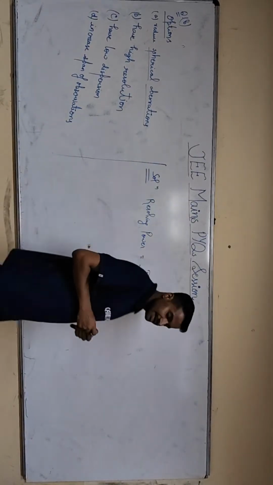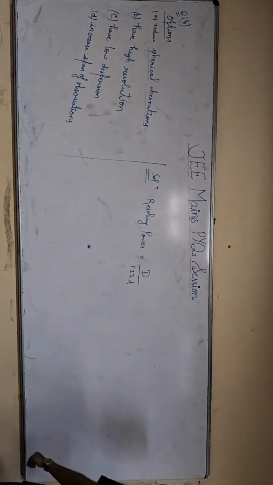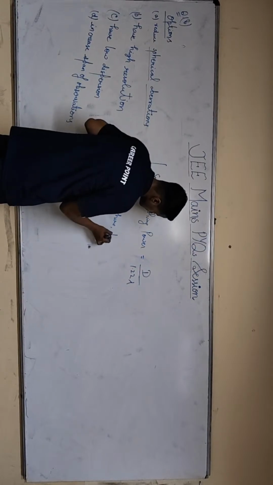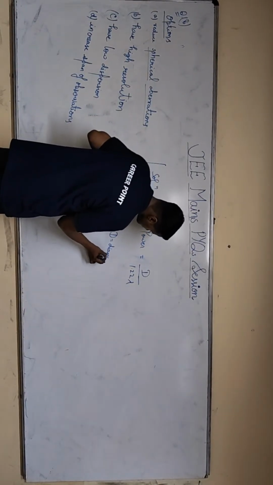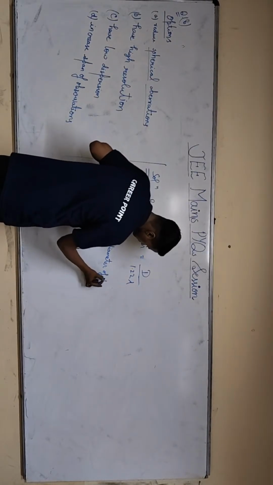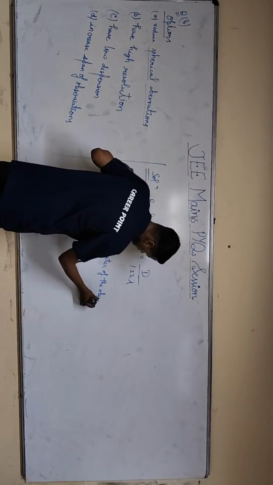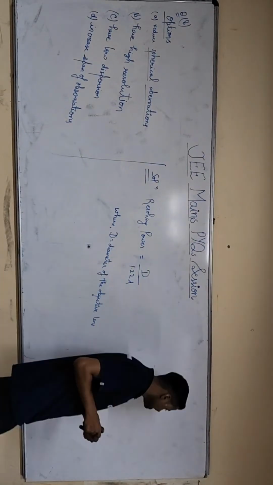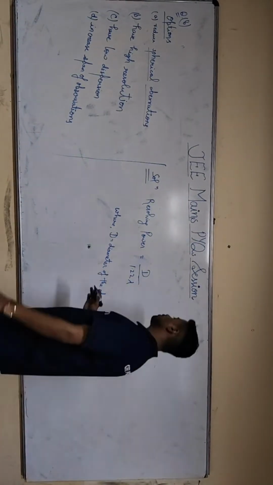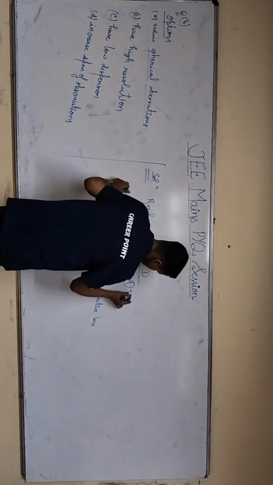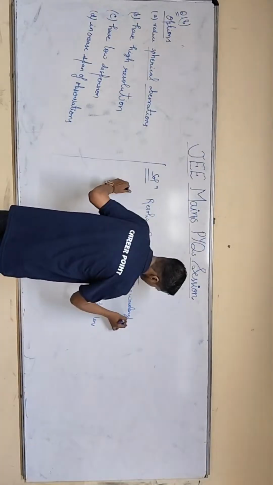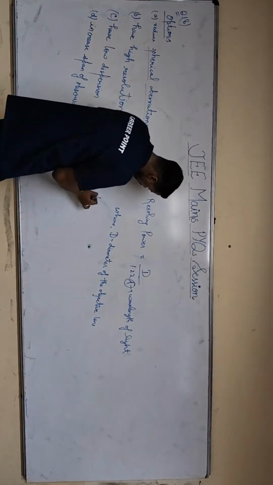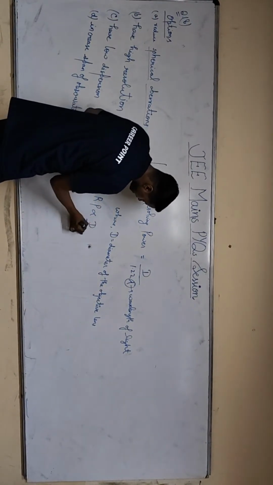D is the diameter of the objective lens. Similarly, lambda is the wavelength of light. This 1.22 is a constant. So RT, the resolving power, is proportional to D by lambda.